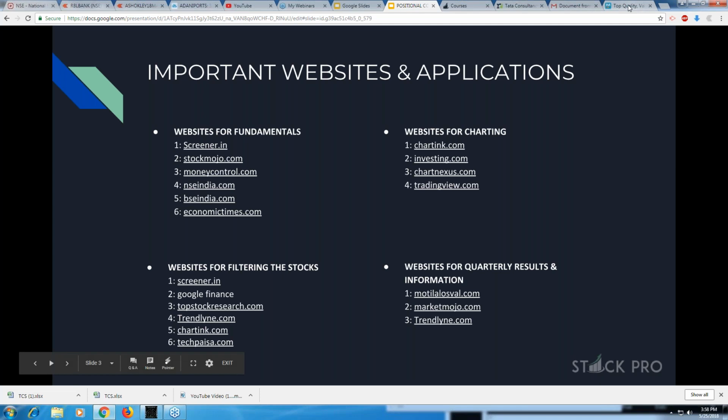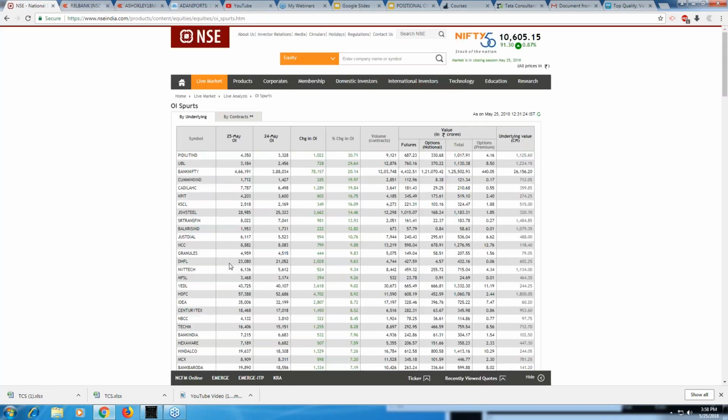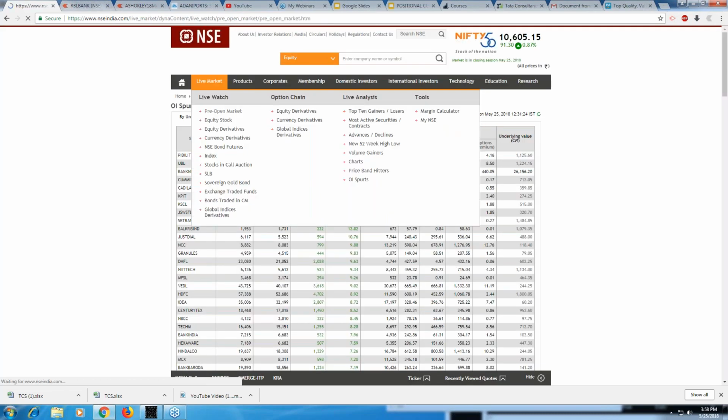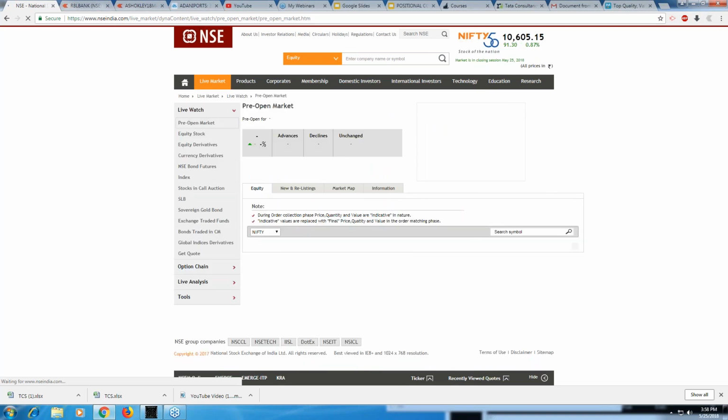NSE India. NSE India is something I use every moment, right? For example, in the live market, you can go to the pre-open market. You can see where the huge volumes have come in, right? This is the pre-market.